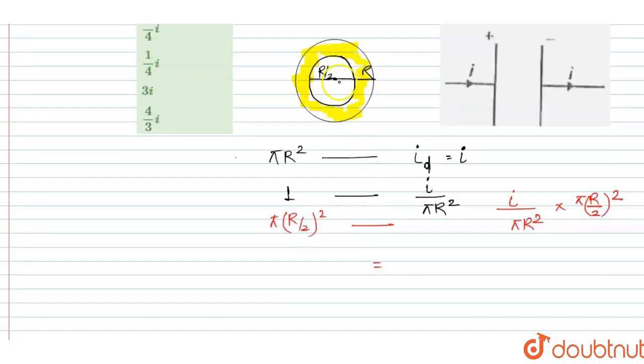The displacement current flowing between R by 2 and R is equal to I into pi r square by 4 upon pi r square.